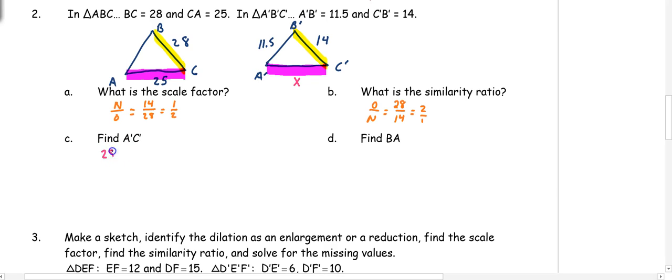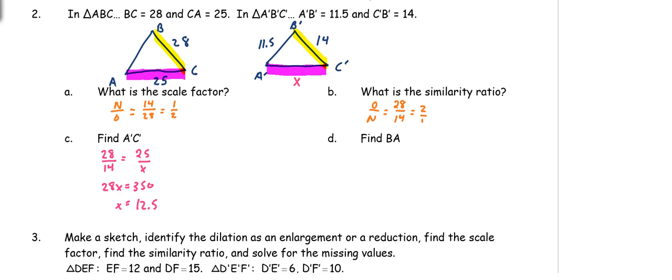We're going to do 28 over 14, because I always do the first triangle over the second triangle, equals 25 over x. When we cross multiply, we get 28x equals 350. We can divide by 28 on both sides, and we get that x is 12.5.